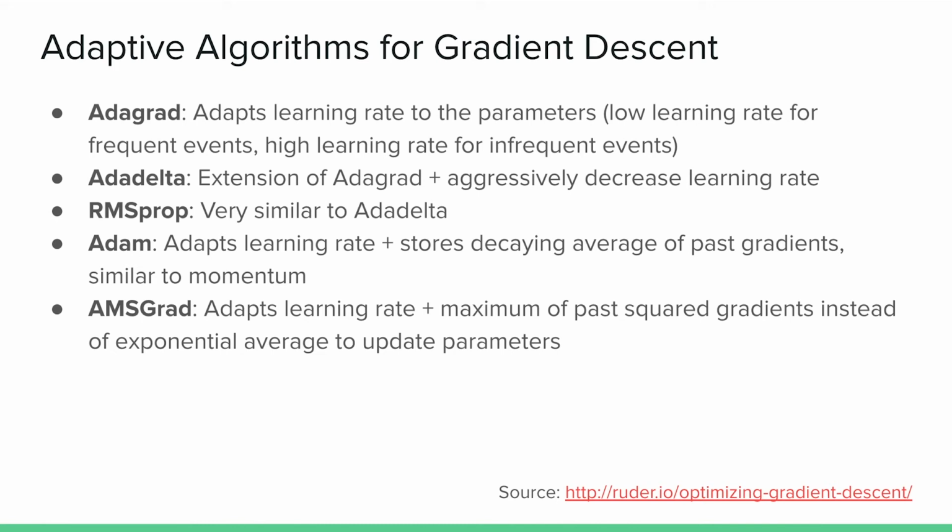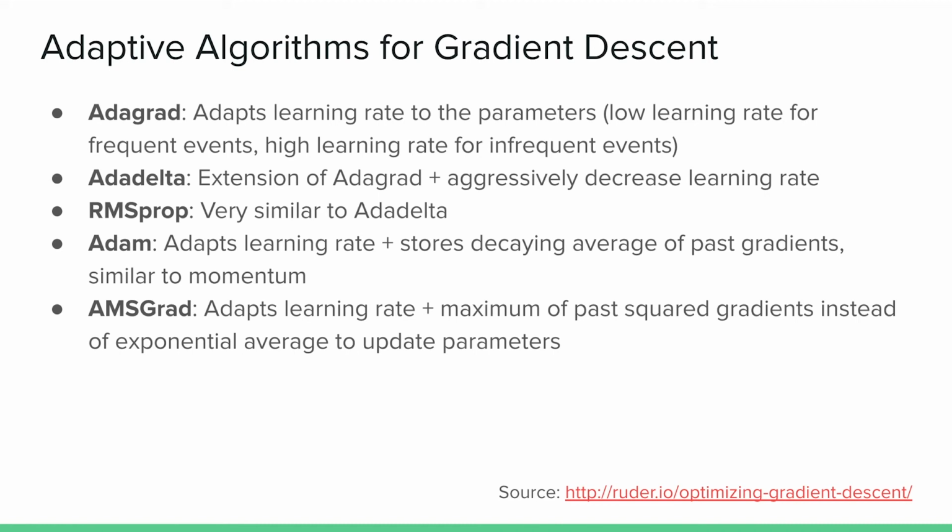Adam is a really popular one, which has become sort of the default adaptive algorithm for gradient descent, which adapts the learning rate and also stores the decaying average of past gradients. So it's a similar idea to momentum, in that we have a memory of where we went in the past and then adapt our learning rate accordingly.